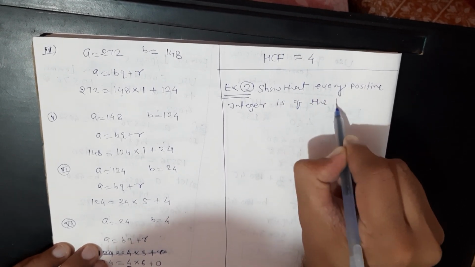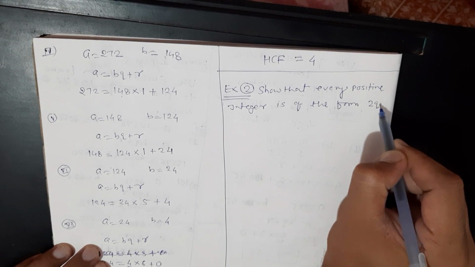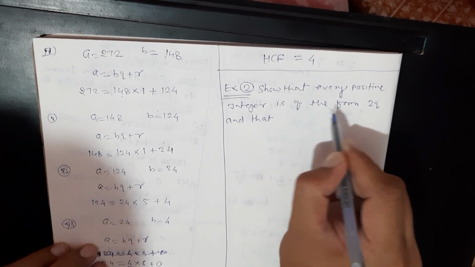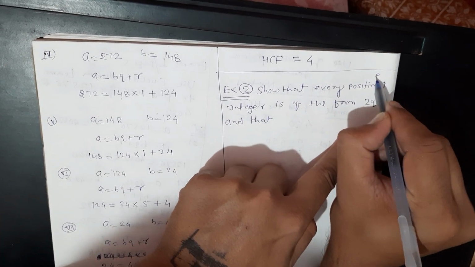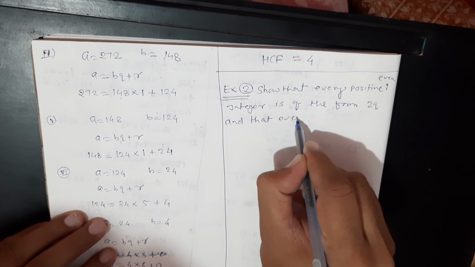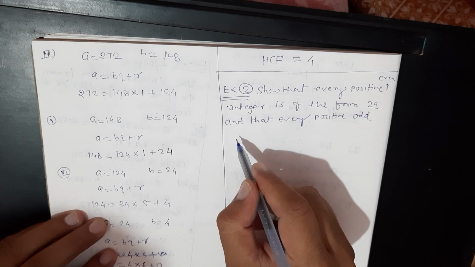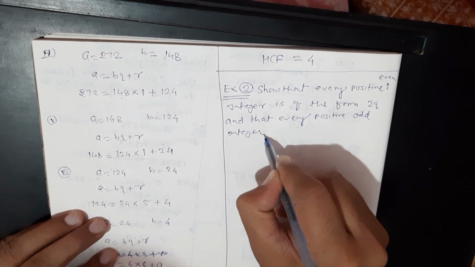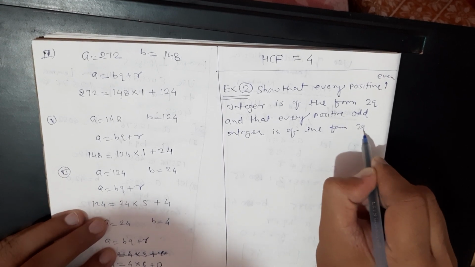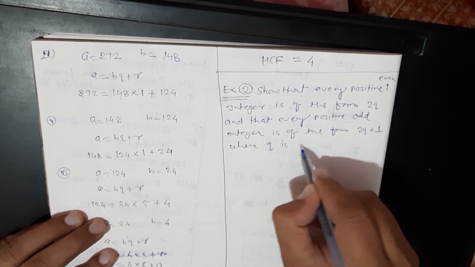is of the form of 2q, a positive even integer, and that every positive odd integer is of the form 2q plus 1, where q is an integer.